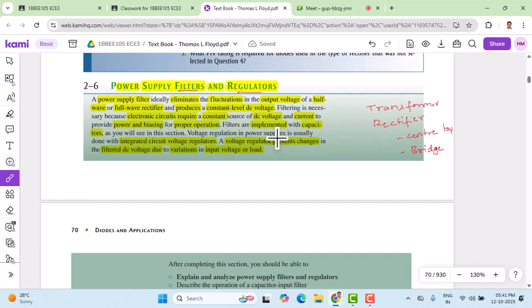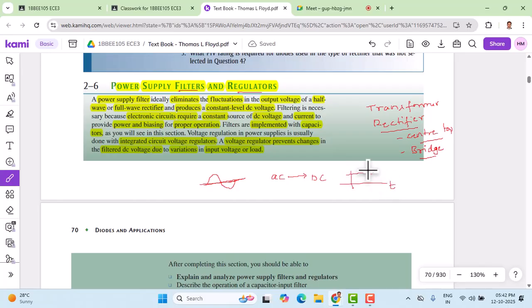Now we are moving to the filter, because the output of the bridge or the center tap rectifier is just a pulsating DC, not a complete 100% DC. So we need to use an additional circuit to smoothen the DC output of a rectifier circuit. In the process of converting from AC to DC, AC is a signal that is fluctuating in nature, and we want DC, which is constant with reference to time.